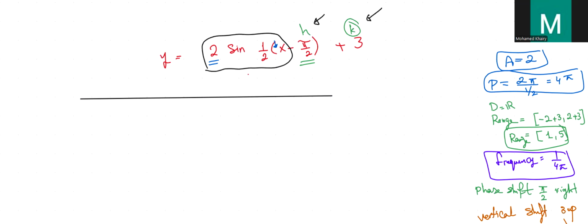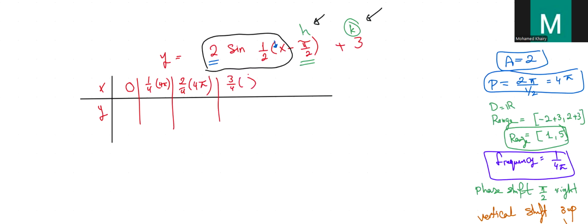So let's say, again the same story, this is x and y. Then here I have 0, 1 over 4 times the period, which is here 4 pi. 2 over 4 times the period, 4 pi. 3 over 4 times the period, 4 pi. 4 over 4 times the period, 4 pi again.